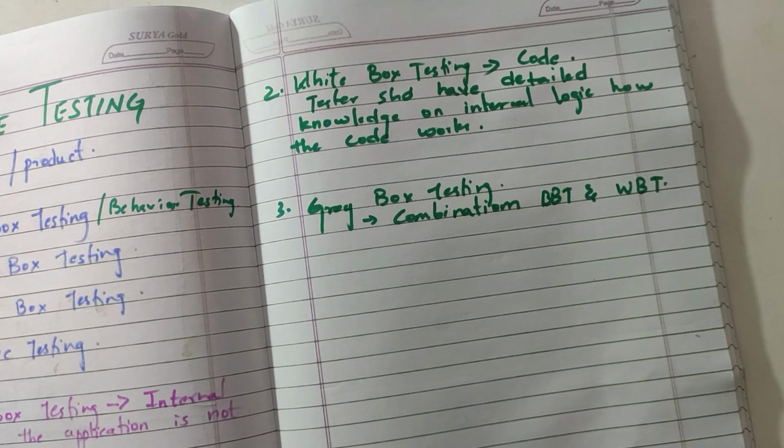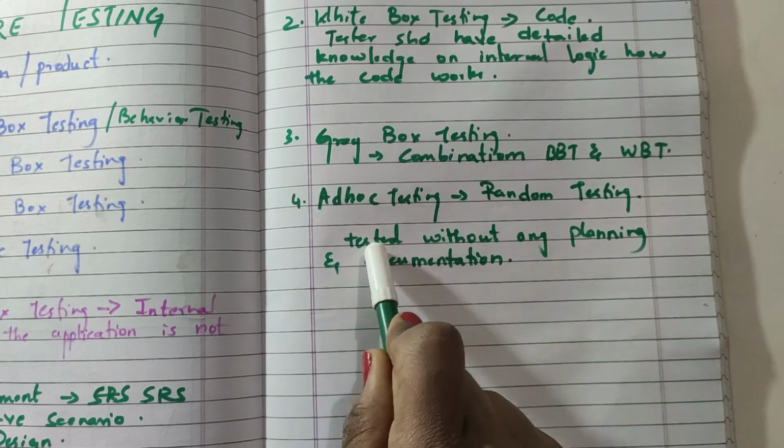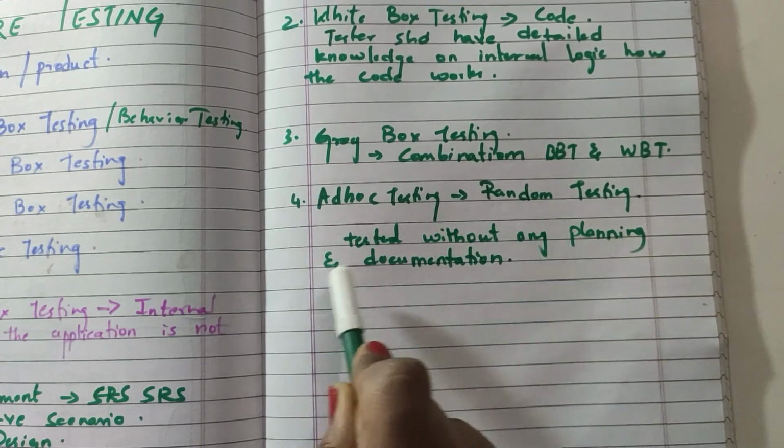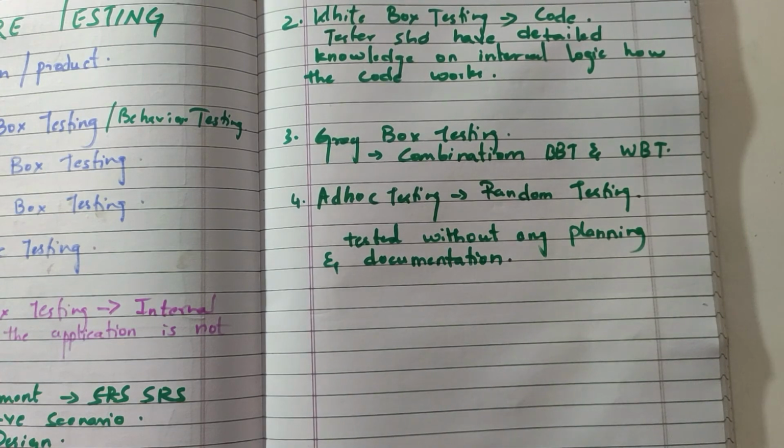In gray box testing, the tester has access to the documents and the database. With this knowledge, a tester can prepare test data and test scenarios while making the test plan. Ad hoc testing is also known as random testing. It is tested without any planning or documentation. Normally it can be performed whenever an immediate test needs to be done, so we can perform this testing without any planning.